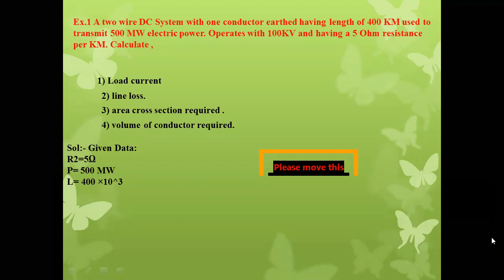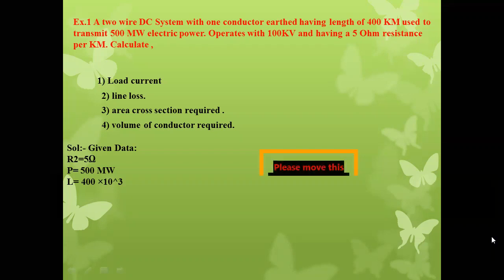He has given that resistance, 5 ohm per kilometer. He has mentioned there. Vm is already known, W already known, length is already known. So calculate the line losses. Sorry, area cross section.